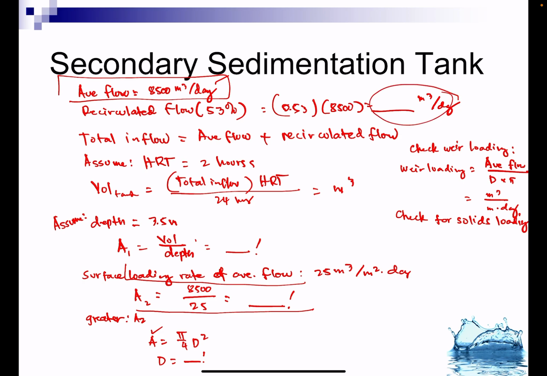And then your MLSS, earlier we pegged that I think to 3,000 ppm or milligram per liter. So the recirculated flow plus the MLSS, 3,000 milligram per liter, that's 3 kilogram per cubic meter. The total solids flow would be the average flow plus the recirculated, which is the total inflow.